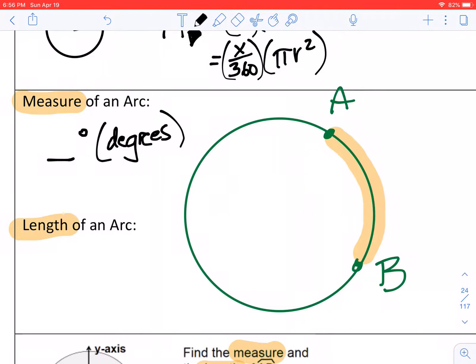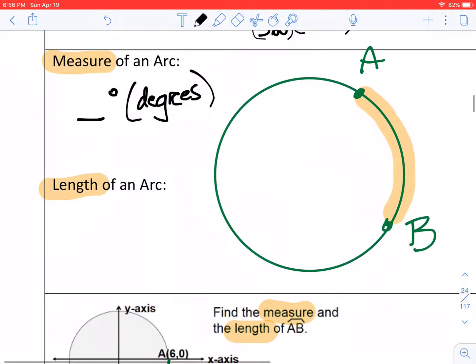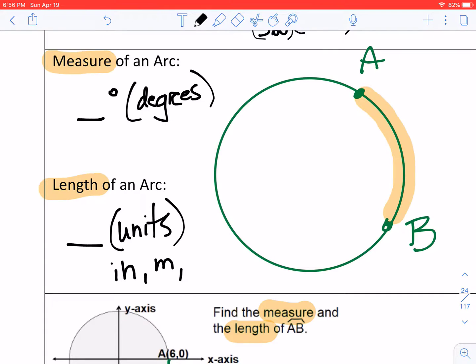So if I think, how far is it from A to B, we measure that as some portion of the degrees. Now, when asked for the length, yes, that's measured in units of linear length. So that would be like inches or meters, some type of one-dimensional unit, not degrees.